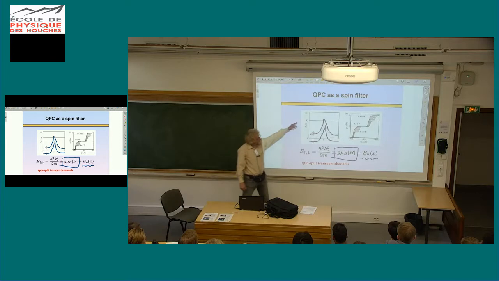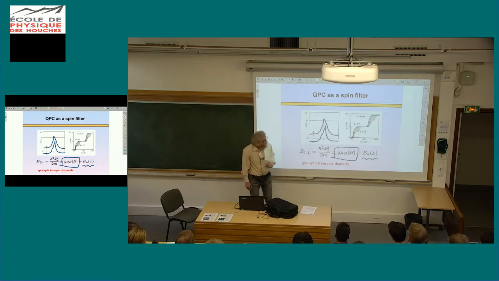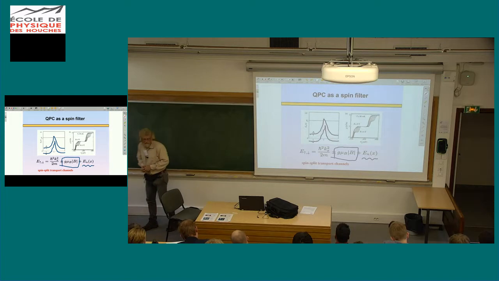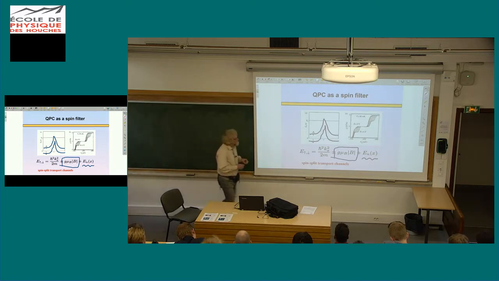So in this situation at the Fermi energy, the channel for spin up is closed, while electrons with spin down can freely pass the structure. Good. Which I want to illustrate with a picture.